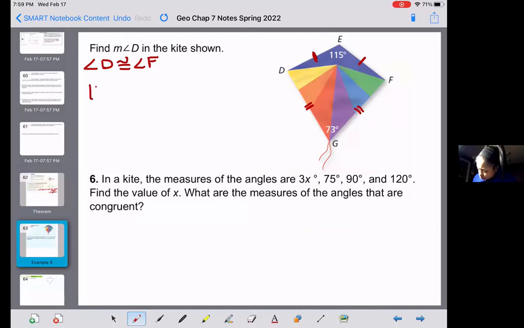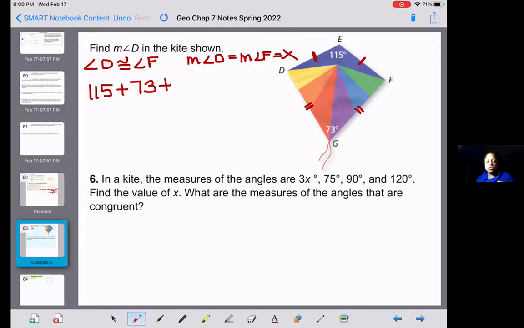I can do 115 plus 73 plus, I'm going to say that the measure of angle D equals the measure of angle F, and they're each equal to X. So 2 times X is equal to 360. Again, I can only do that if they're equal. I can't do that if they're not equal, but in this case they are.